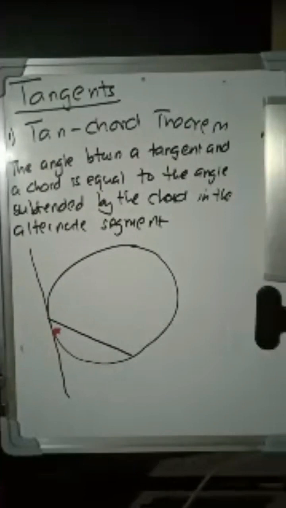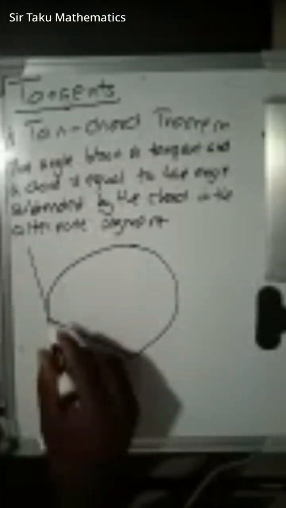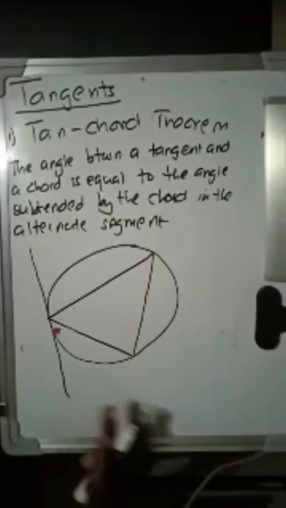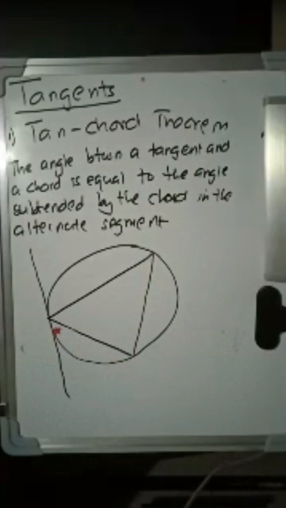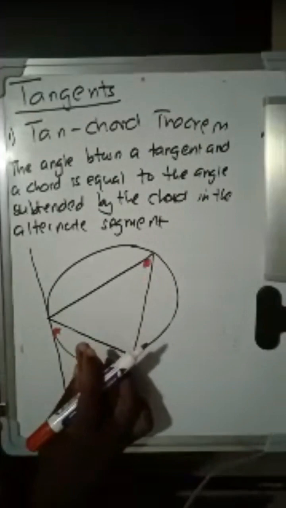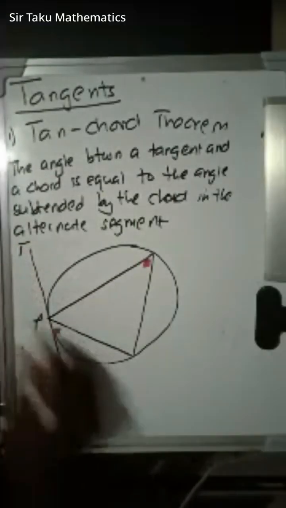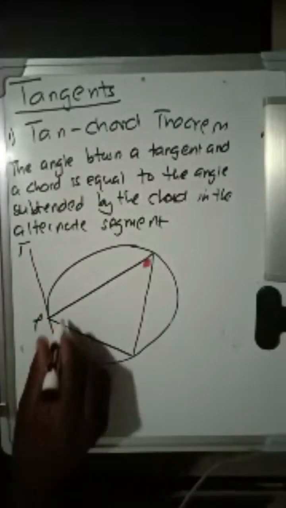So that angle that is formed between a tangent and a chord is equal to the angle that is subtended, that is supported by that chord, in the other segment. Because this is the minor segment, then this is the major segment. If I could name it T, P, Q. Then we have P1, that angle, P2, P3.